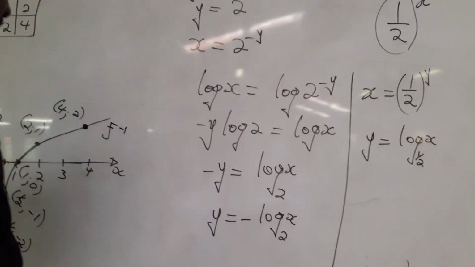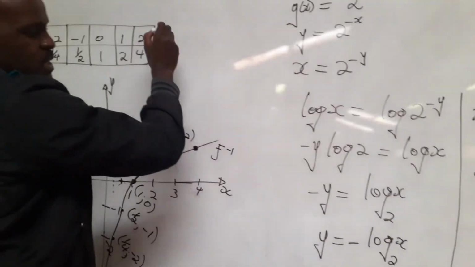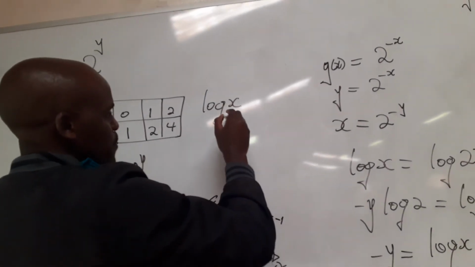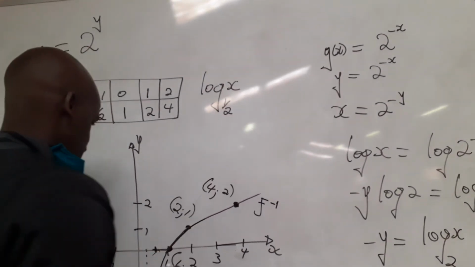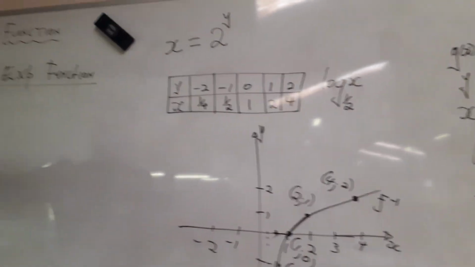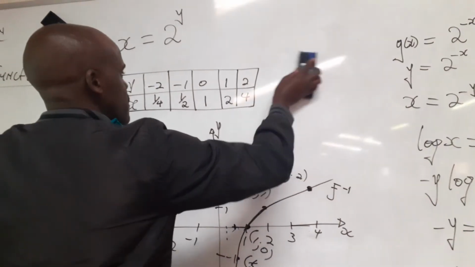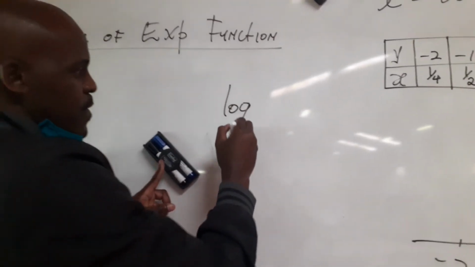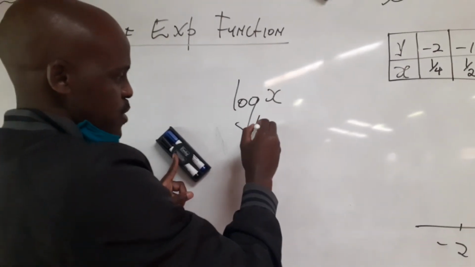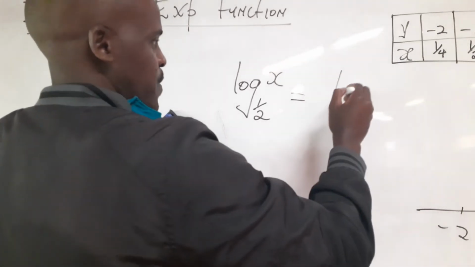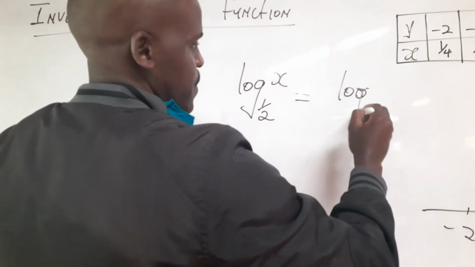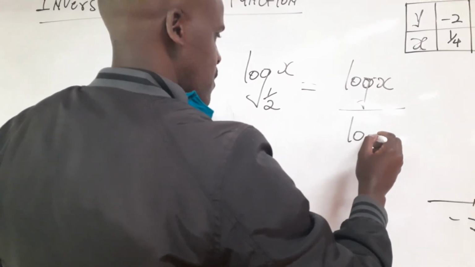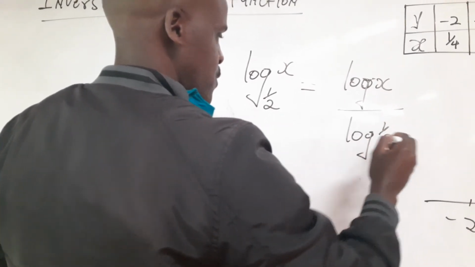That's why we are having this. How to find that negative? It's log x base 1 over 2. This is the same as log x over log 1 over 2, remember.